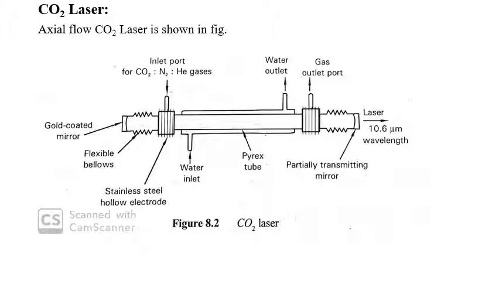Kindly note down, the CO2 laser produces a beam of infrared light with the principal wavelength bands centering around 9.5 micrometers and 10.6 micrometers.